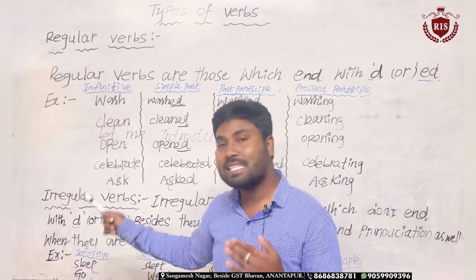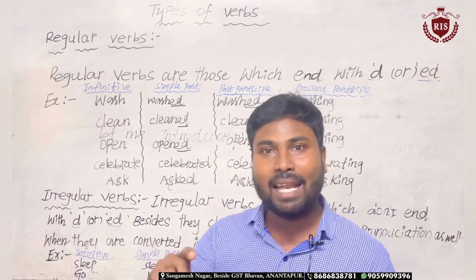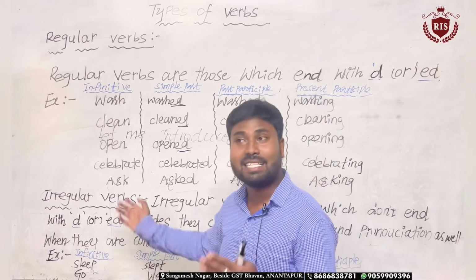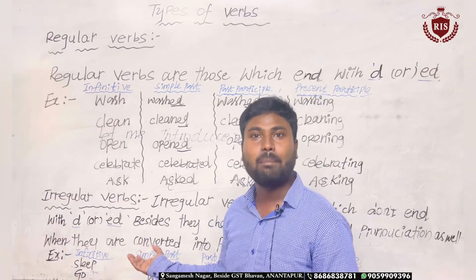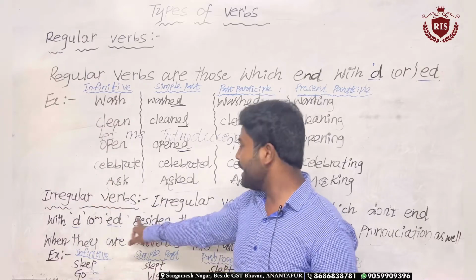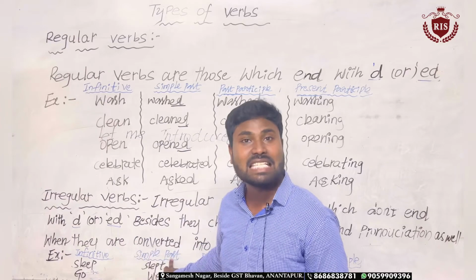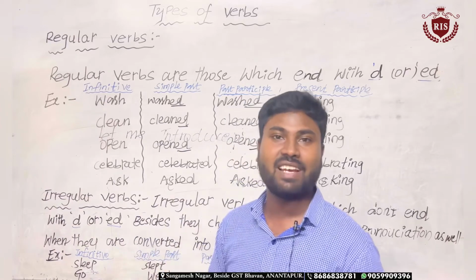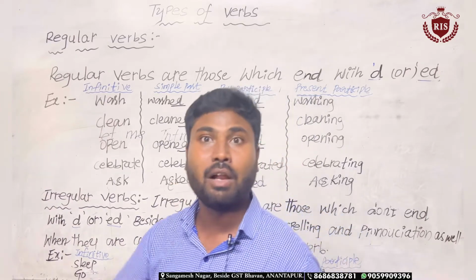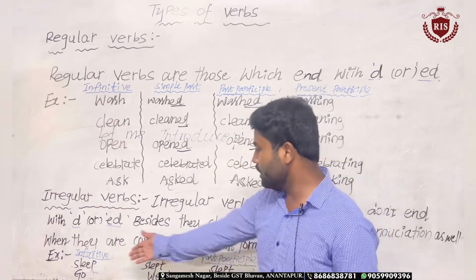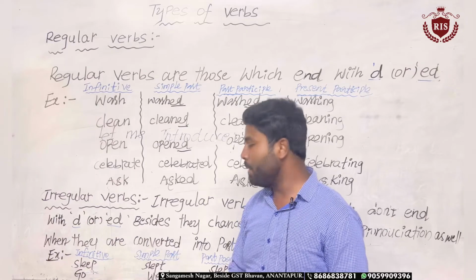As well as sleep's spelling is sleep, slept spelling is slept, right? So as per the definition, it changes the spelling as well as the pronunciation when you convert that into the simple past.